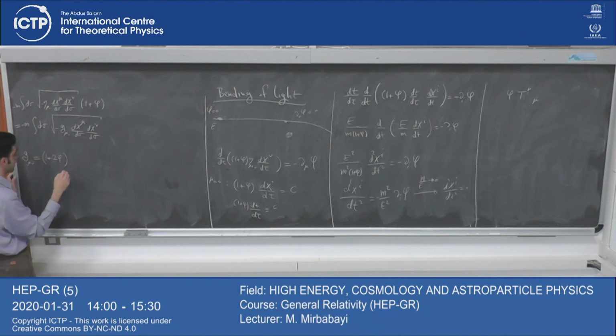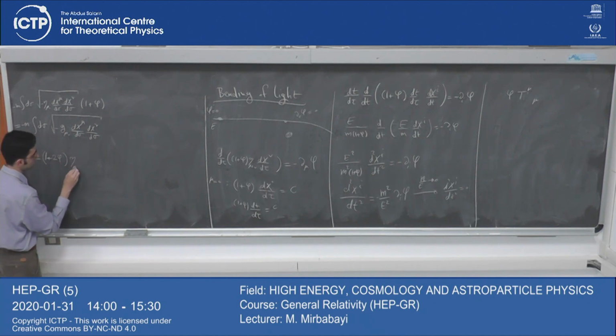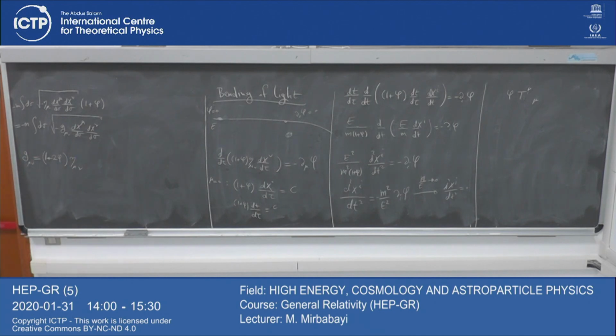Remember, I'm linearizing phi. So it's 1 plus 2 phi times eta mu nu. Of course, now this G mu nu depends on x, because phi depends on x.